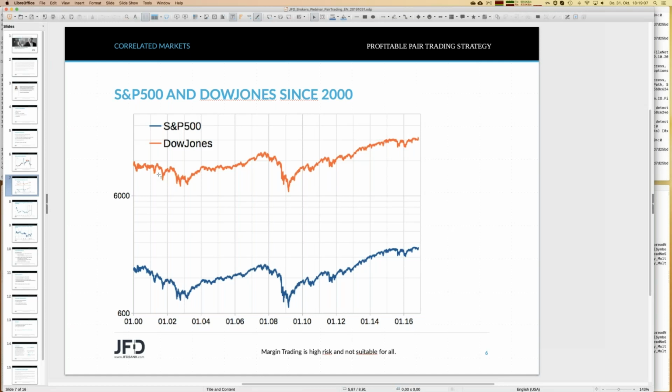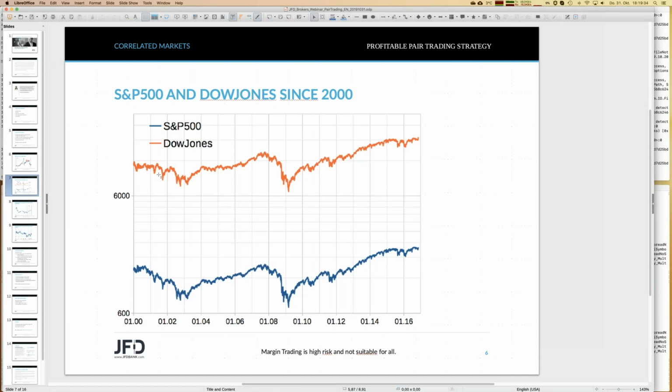So overall, the two follow the same line, besides a constant offset. In this case, the offset is not an offset, it's a factor. That's all. So we can think about the Dow Jones and the S&P 500 as two correlated markets as well. We all know that they're not really markets.